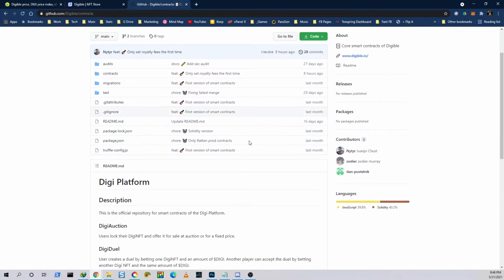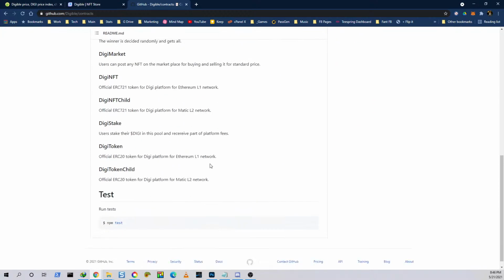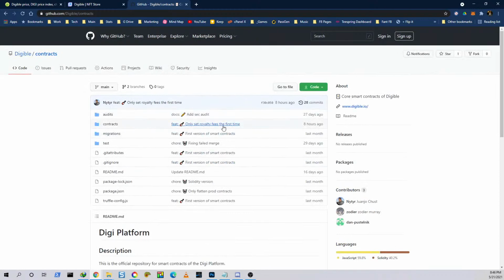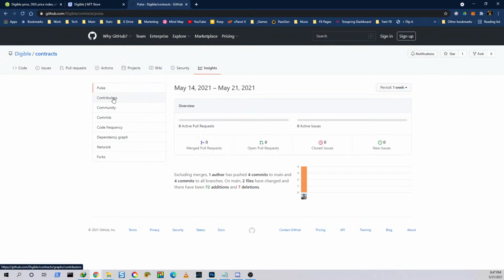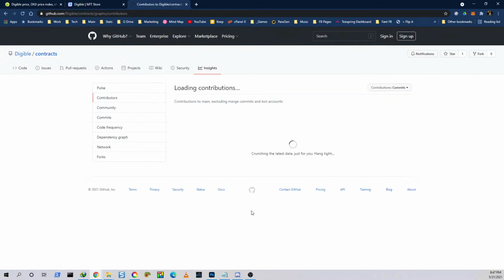How many people are on it? You know what we're gonna do? I'll tell you what we're gonna do. We're going to pull up these insights. Contributors. There we go. What I did is I went to insights and I'm clicking on the contributors, because I want to see how many people are a part of this project.